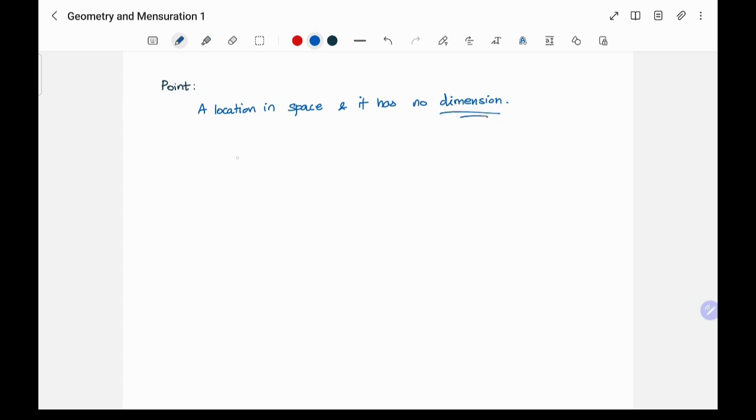If you take any real life object, let's say a scale or a pen, it has height, it has some length, and in the third dimension it has some breadth, right? So we can say this is a 3D object, a three-dimensional object.